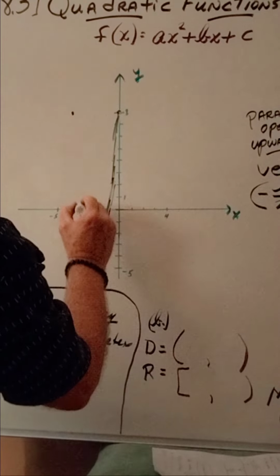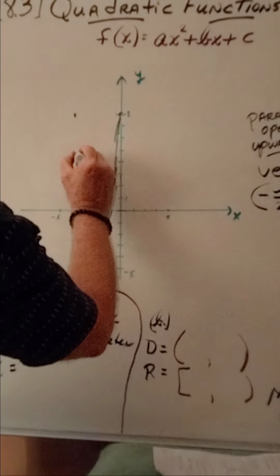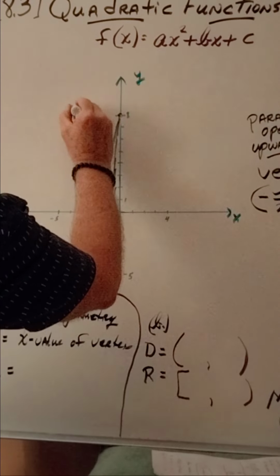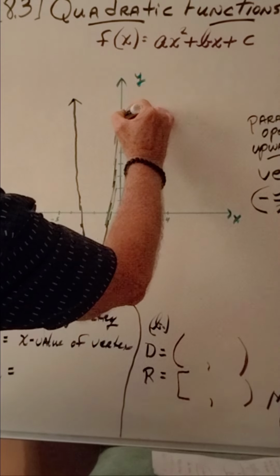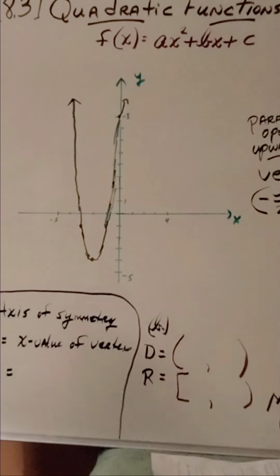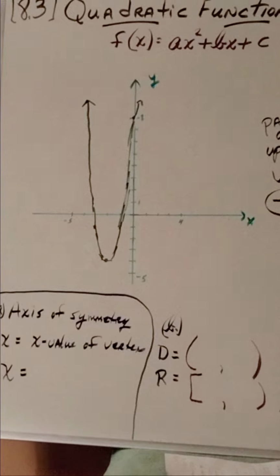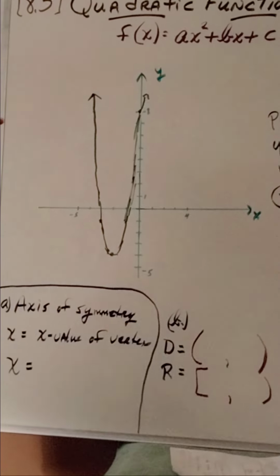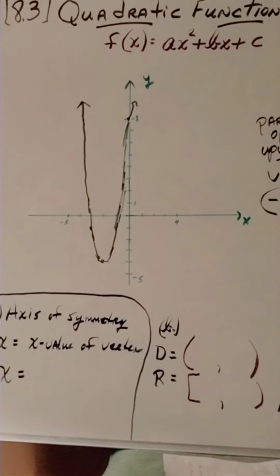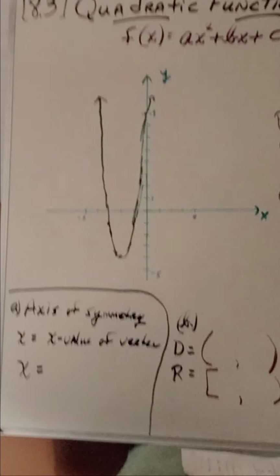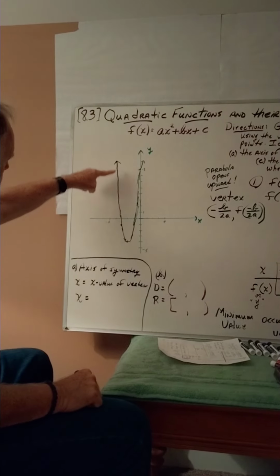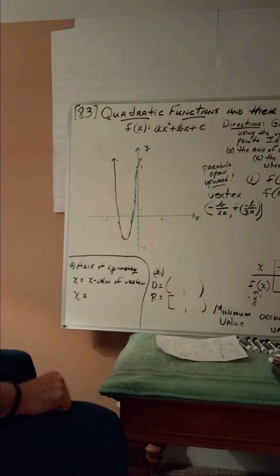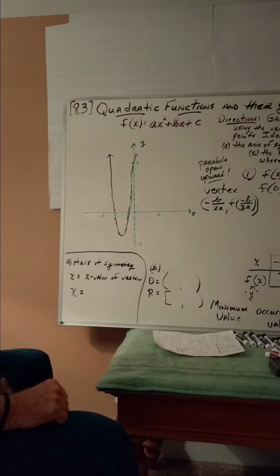And then onward up. Should put an arrow there and an arrow there, and there's the parabola. There's the graph of this quadratic function. If it was just perfectly done, every single point on this would satisfy that quadratic function.